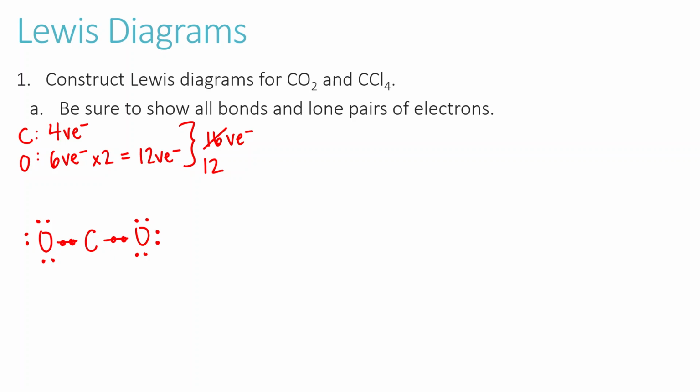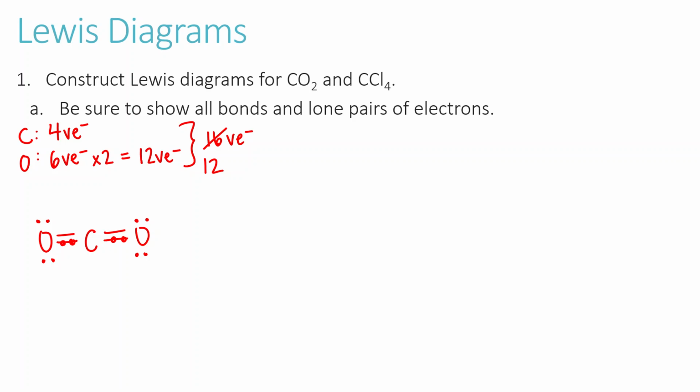So I'm going to take some of these electrons that are lone pairs here, and I'm going to move those into the bond. And then I'm going to do the same thing on this side also. This is still 16 total valence electrons, but by moving some of those lone pairs into the bond, now carbon has 4 total bonds, which means 8 valence electrons.